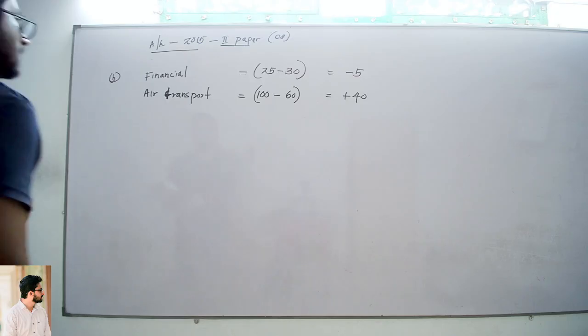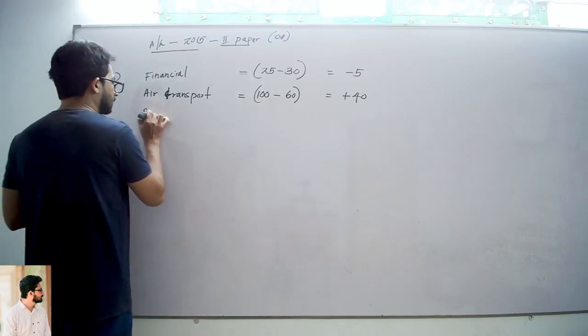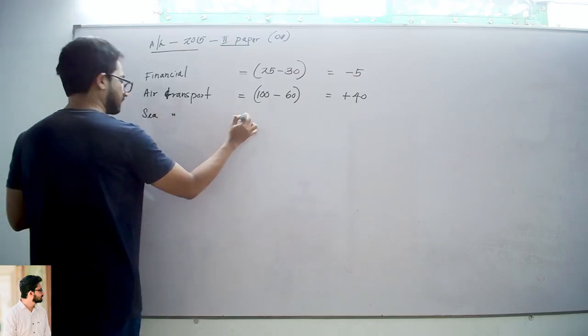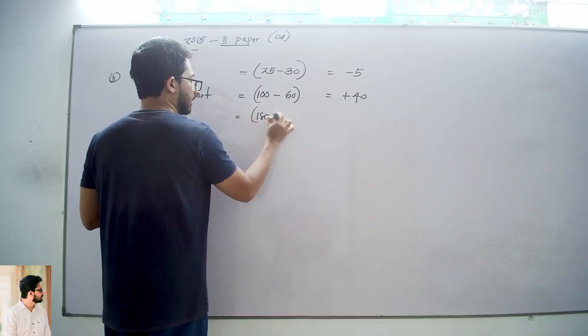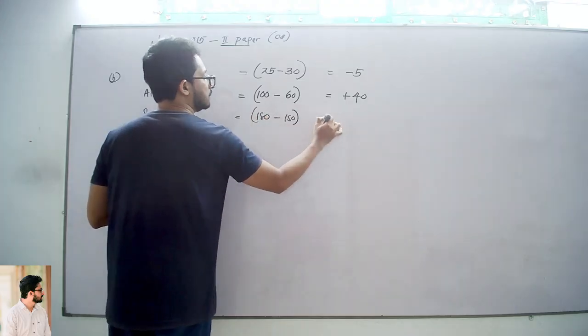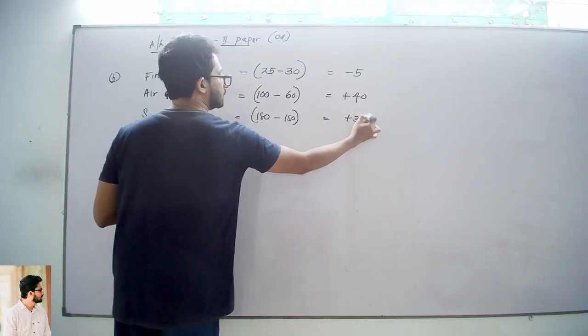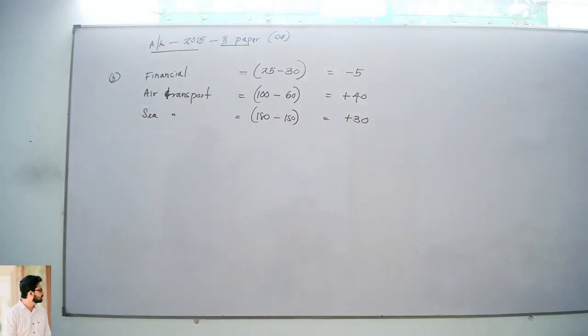Next one, sea transport. 180 is the receipt value, payment is 150. Then net value, plus 30.